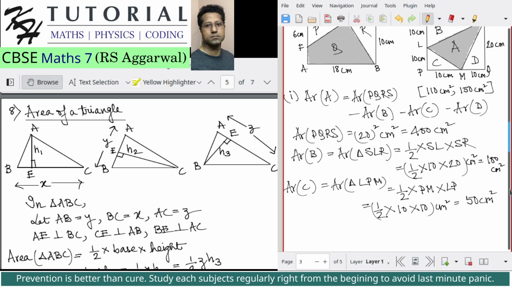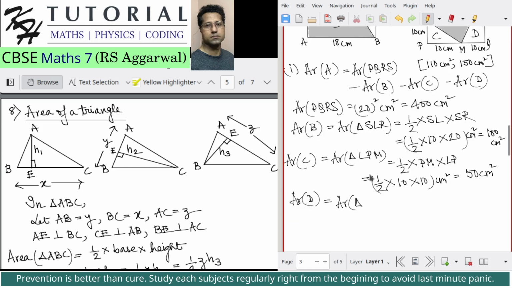And finally, what will be the area of the region D, which is the triangle RMQ?